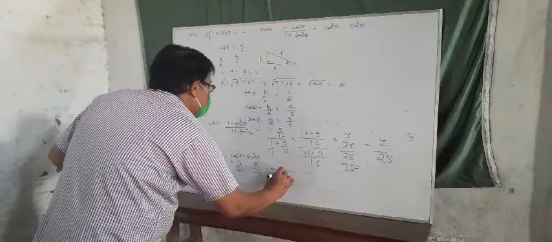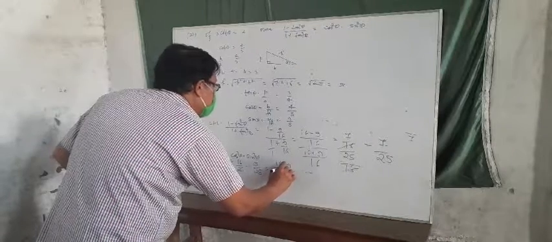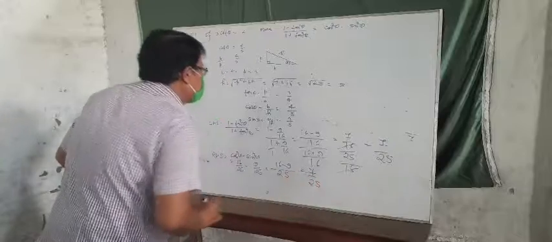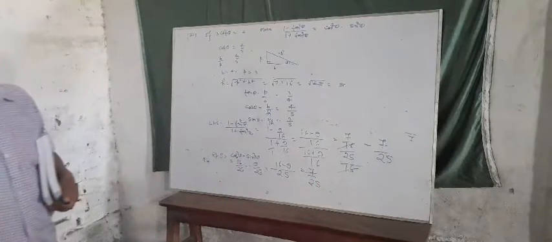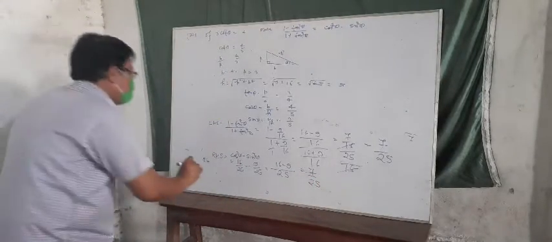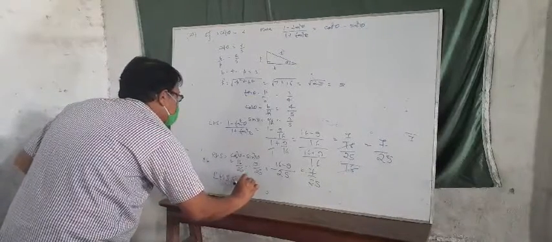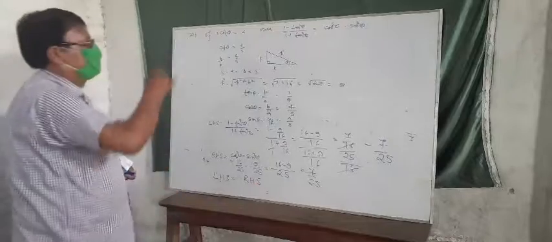LCM is 25. 16 minus 9 is 7 upon 25. The values of LHS and RHS are equal. So LHS is equal to RHS. So we have proved this.